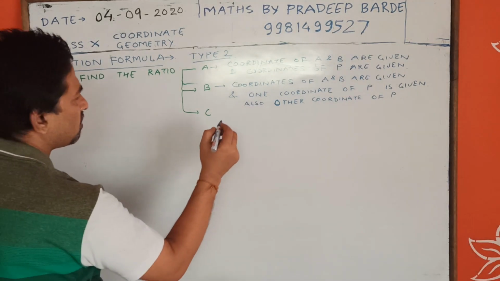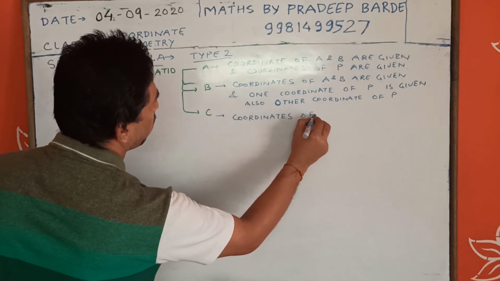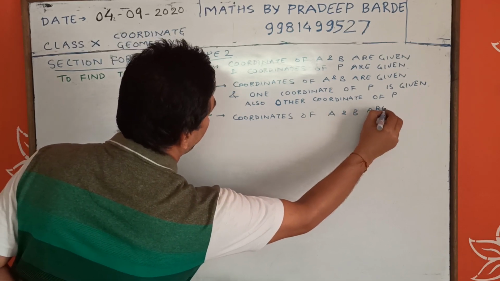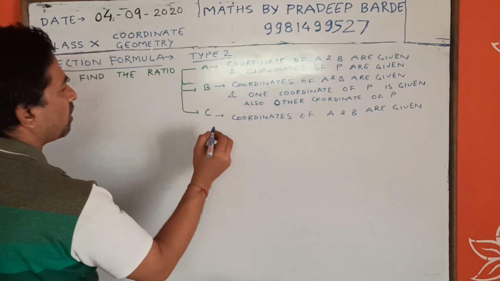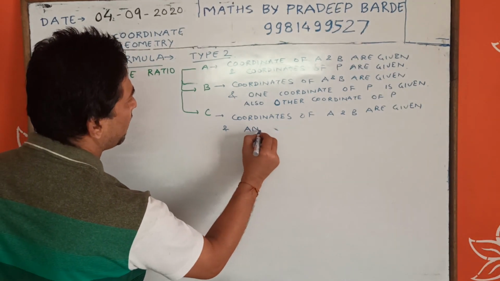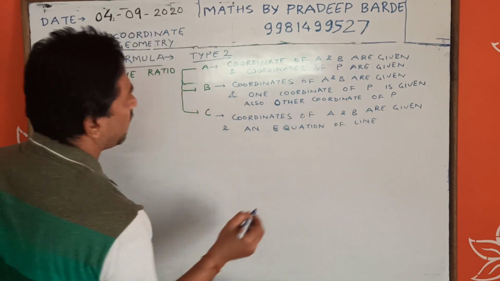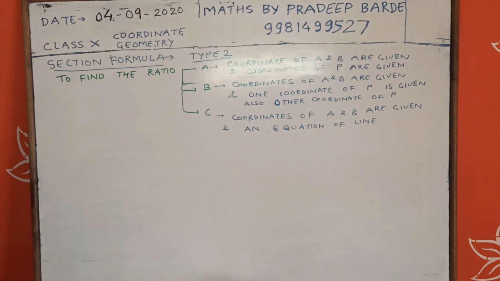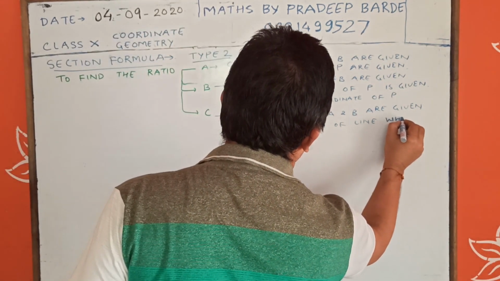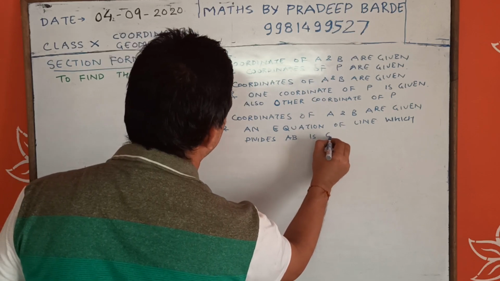In type C, we'll be dealing with coordinates of A and B given, and an equation of a line which divides AB is given.